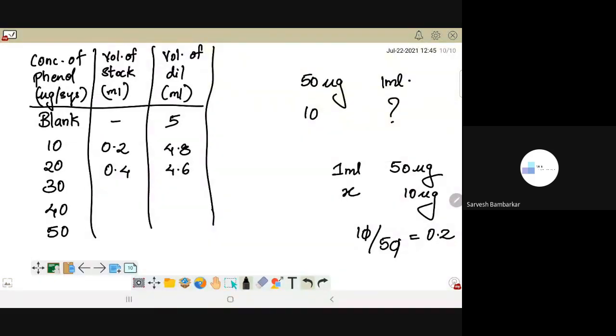It's 3 by 5, right? Okay, yes, 0.6 and 4.4. Next, can Siley tell me what will be for 40? 0.8 and 4.2. Okay, and what will be for 50? Anyone, voluntarily? 1 ml of stock and 4 ml of diluent.